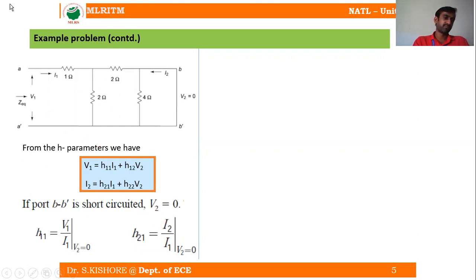For calculating H11, first let us calculate it. It is nothing but V1 by I1. What is this V1 by I1? It is nothing but Z equivalent. Here is the I1, and we know that V1 is equal to I1 into Z equivalent.